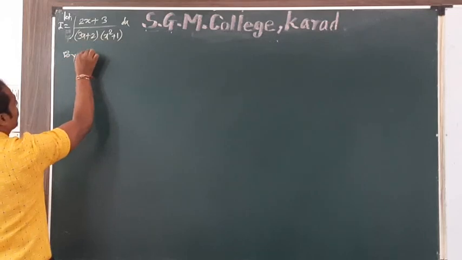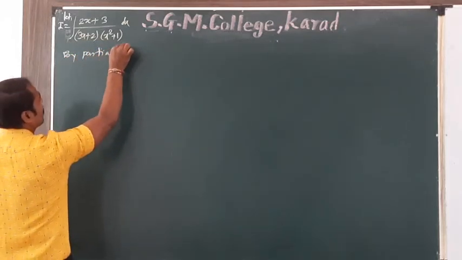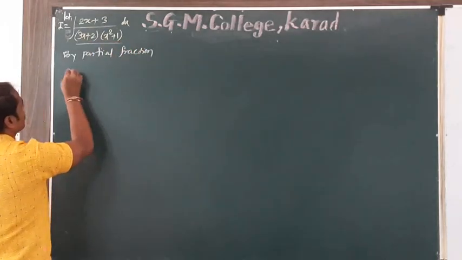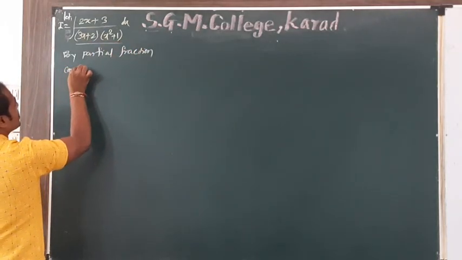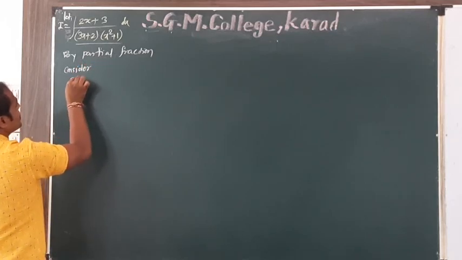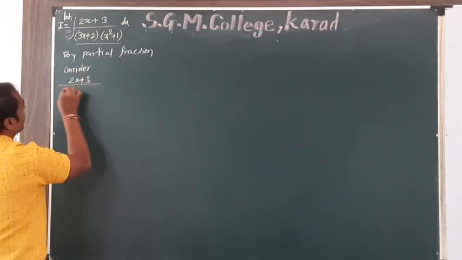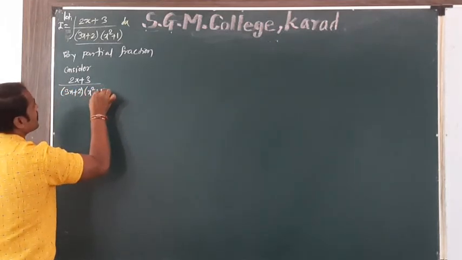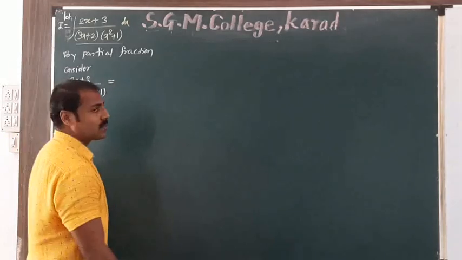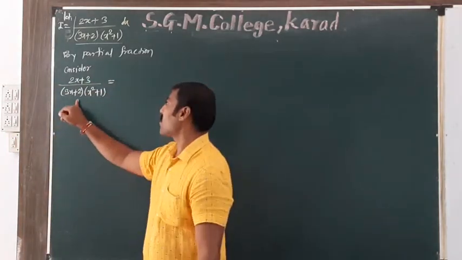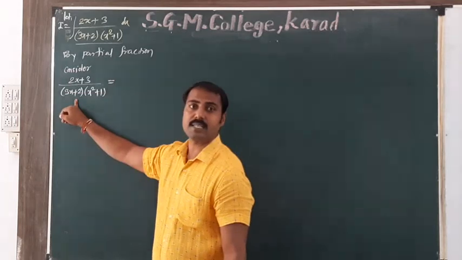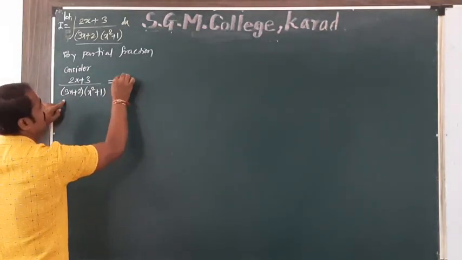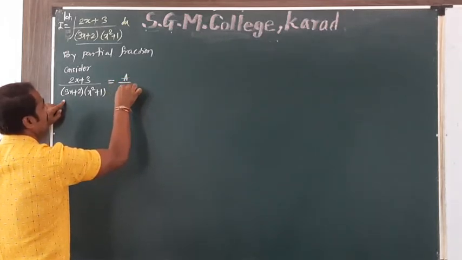So consider the fraction in the example. Here fraction is 2x plus 3 divided by 3x plus 2 into x square plus 1, which is equal to, here since there is a non-repeated linear factor, its corresponding partial fraction can be written as a divided by 3x plus 2.